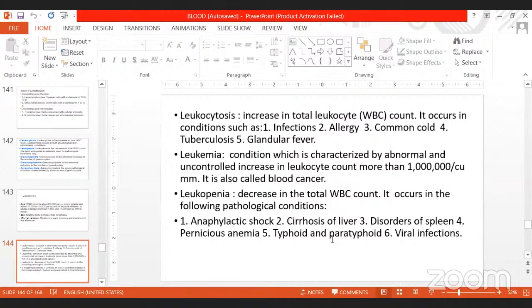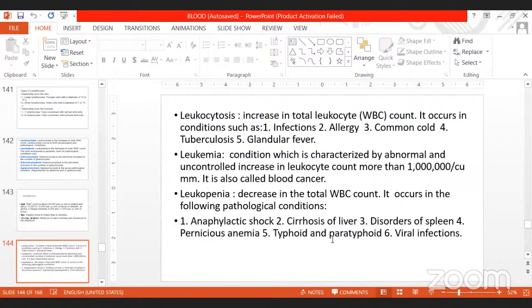Now we can see the difference between three conditions: leukocytosis, leukemia, and leukopenia. Leukocytosis is the increase in total leukocyte count, for example during infection, allergy, common cold, tuberculosis, or glandular fever.